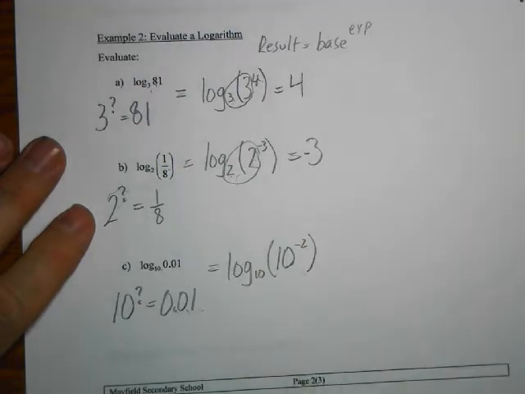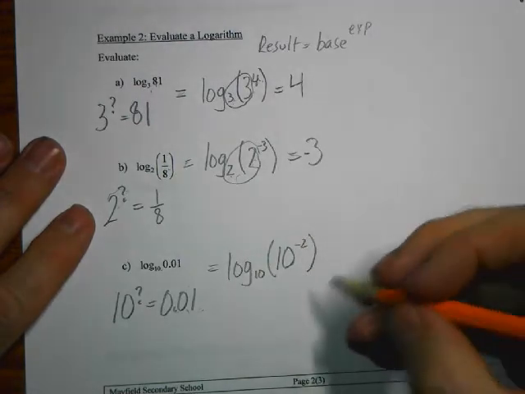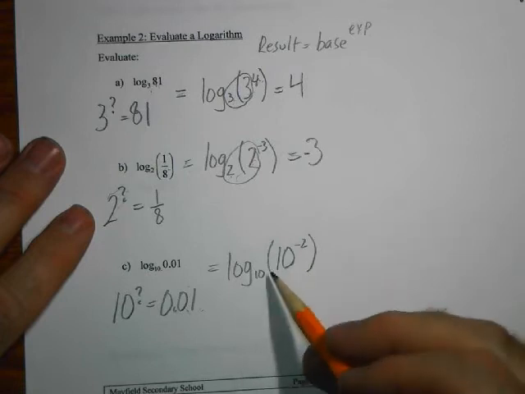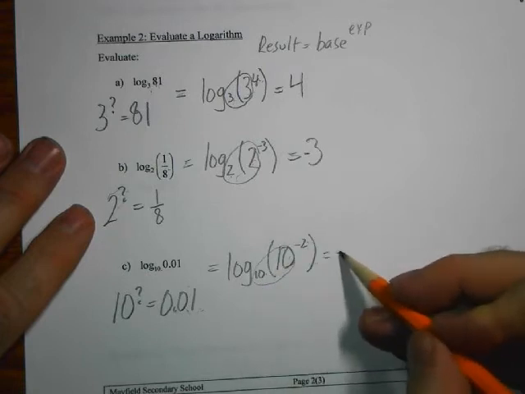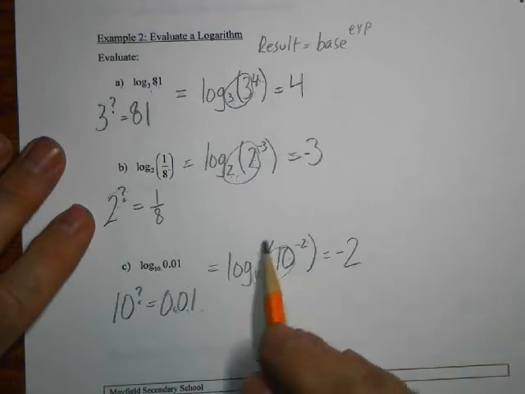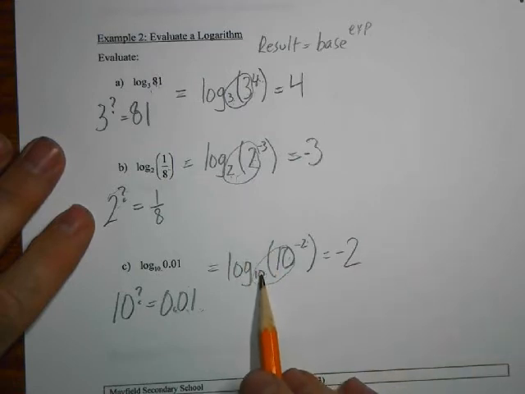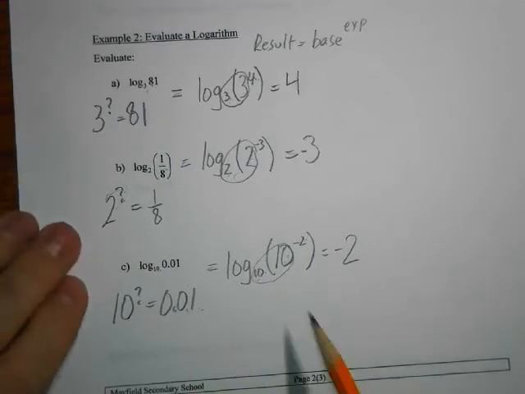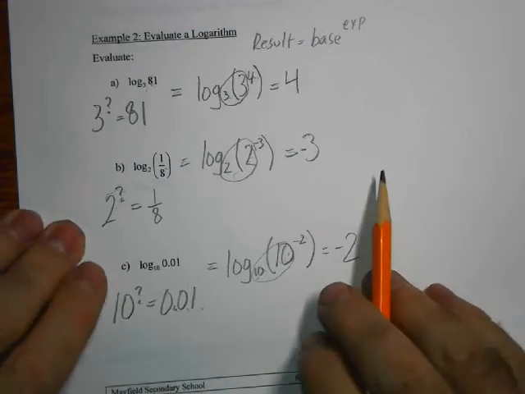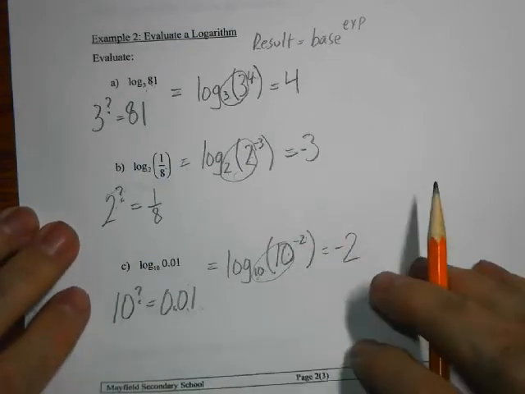And you can always play around on the calculator with these if you're not sure. So again, I've got this matching set of bases. So my answer is the exponent, because this is really saying, what's the exponent that I apply to base 10 that gives me 10 to the power negative 2? So both of these numbers are bases, so if they're the same base, your answer will be that exponent.